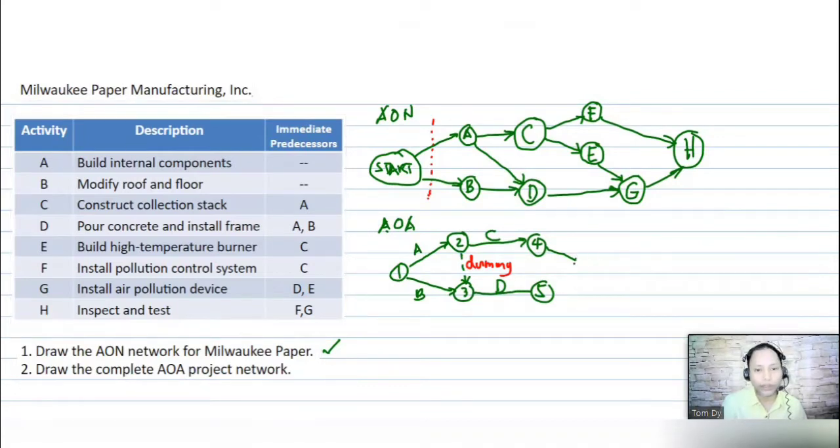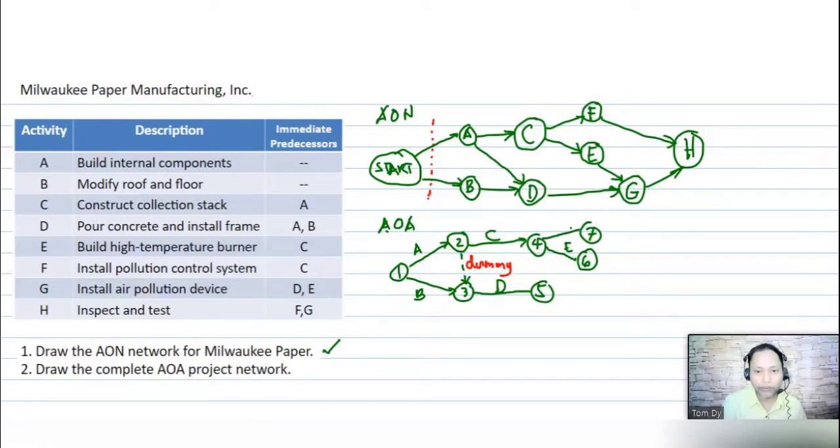So 1, 2, 3, 4, 5, 6, and then we also have E. And F is also after C, so we will draw F here, number 7.